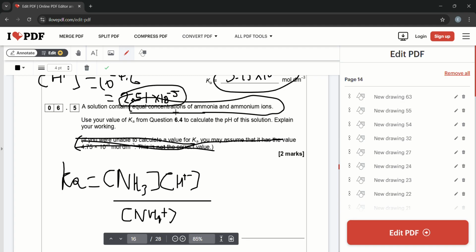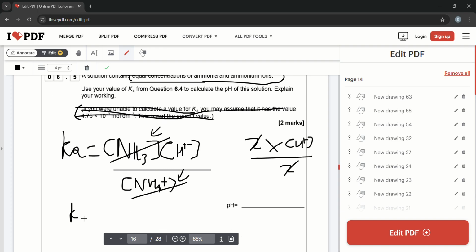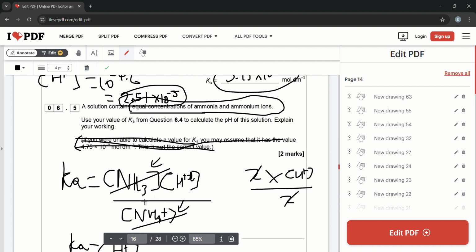Well, we know these have equal concentrations of ammonia and ammonium ions. So if they're equal, let's say we've got 2 times H plus divided by 2, well, these will cancel out, and that's exactly what's going to happen here because they're equal concentrations. So what we get is Ka equals H plus, ignoring the minus sign, that's to trick you.